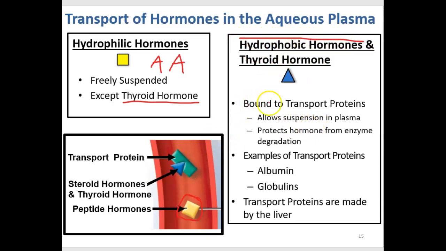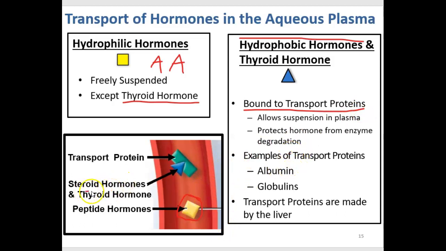So if we had hydrophobic hormones individually suspended without a transport protein in the blood, they would clump up together because that's how hydrophobic molecules organize in water. So instead, they're bound to transport proteins in the plasma, and that's the green molecule shown in the lower left picture.